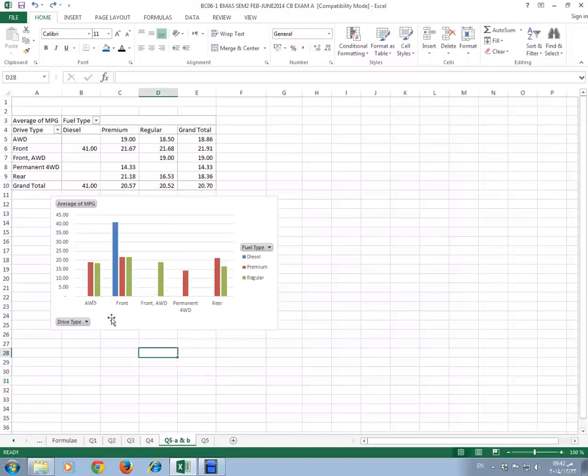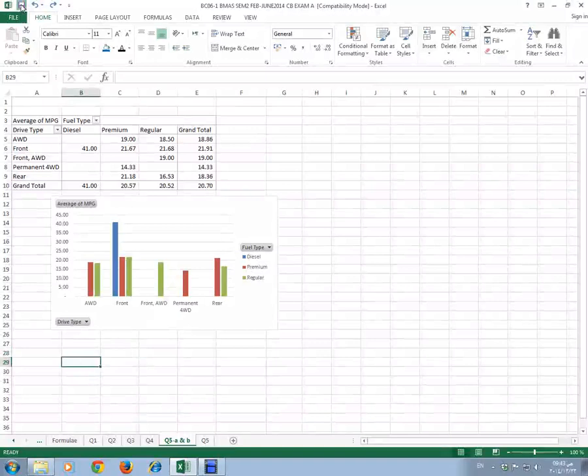And as I said, we can see very clearly that the diesel fuel is used more than the others, and also four-wheel drive uses only premium, and this is what I can say about that one, and this is the answer for the questions that are covered in the examination.